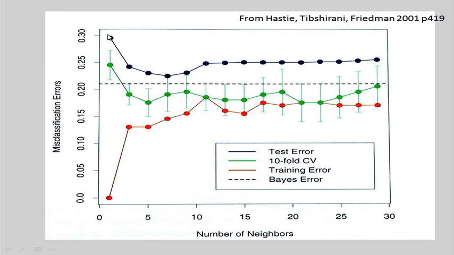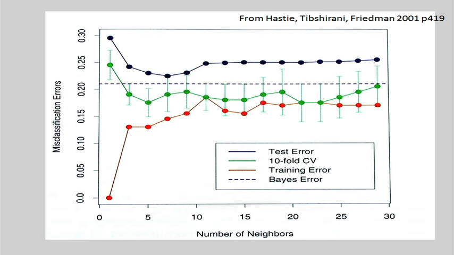But for the test error and the cross validation error, we see that for k equal to 1, one nearest neighbor, the error is high and then the error falls off. After some time, the error rises and then stays almost fixed. This is the region where the test error is smallest, and this is the region where the cross validation error is smallest.